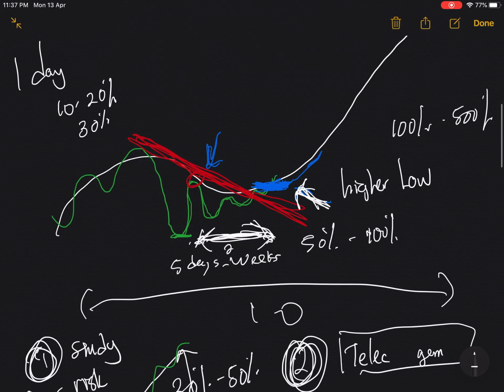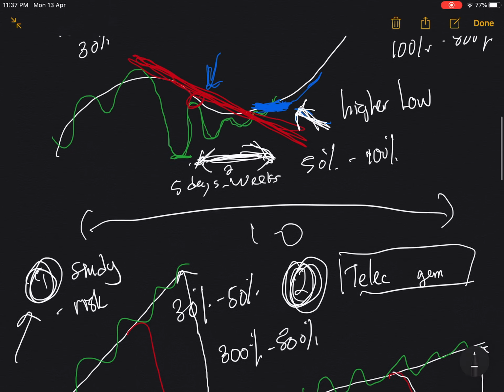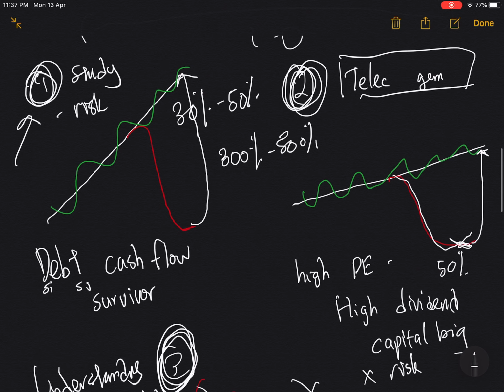So right now, let me make a conclusion. There are 3 types of counters right now. Growth, which dropped a lot, involves some risk, but your return can be 300 to 500% and more. Another one, stable counters, which normally you cannot buy because of high valuation and expensive share price, but right now have dropped a lot and the dividend yield is very attractive, but you need high capital, and usually your return is limited.